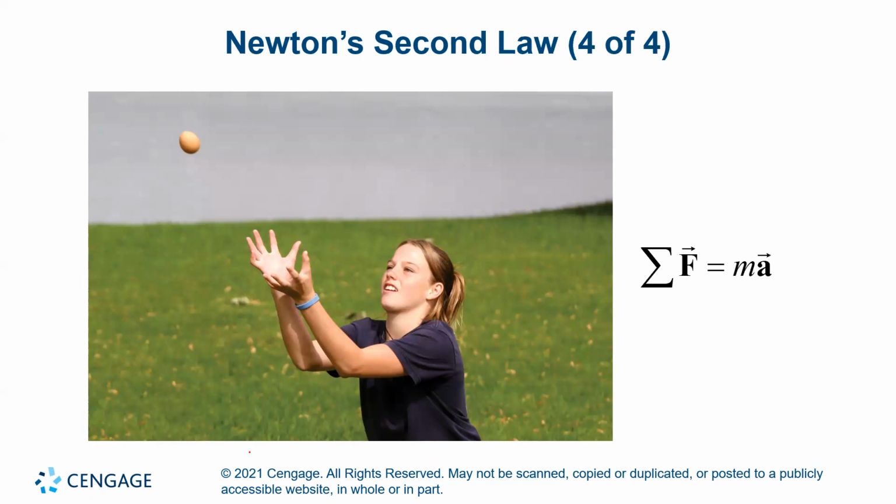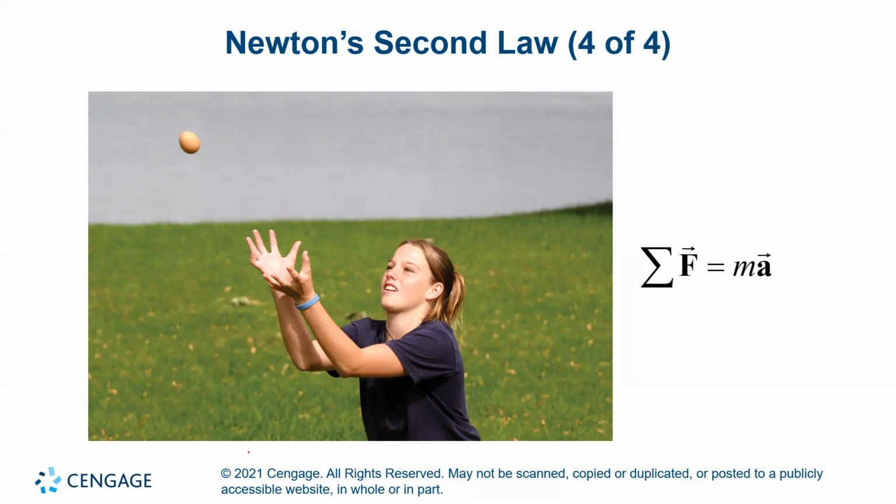Why do you move your hands backward when you catch an egg? Imagine holding your hands stiffly and not moving them as you catch the egg. The egg will hit your hand and be brought to rest in a very short time interval. That means the magnitude of the acceleration of the egg will be large, right?